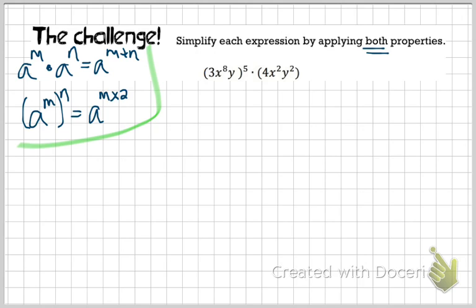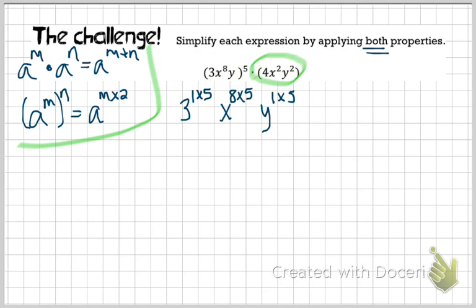So if we look at this problem, there's something that stands out, this power of 5, and it belongs only to this here. So we're going to do what we did earlier, where we're going to apply this to the 3, to the x, and to the y. We're going to multiply that power to each individual one. So this is 3 to the 1 times 5, x to the 8 times 5, and y, which has the power of 1, times 5.